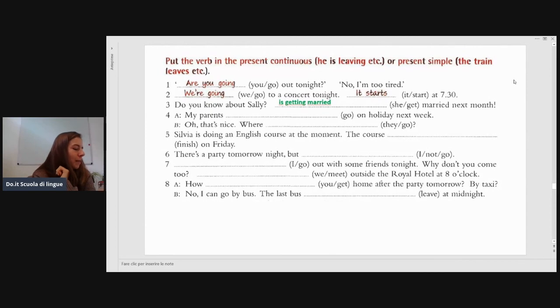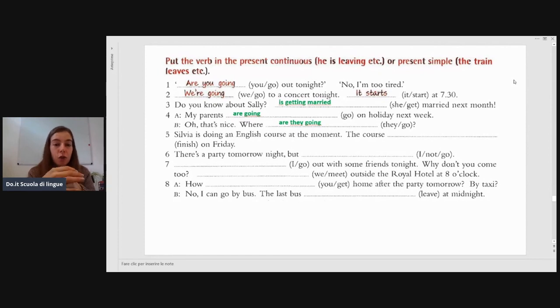So what is it going to be? My parents go, or my parents are going on holiday next week? Yes, Margarita is right. My parents are going on holiday next week. Oh, nice. Where are they going? Ok, lo sappiamo 100%. Okay, guys, number 5.